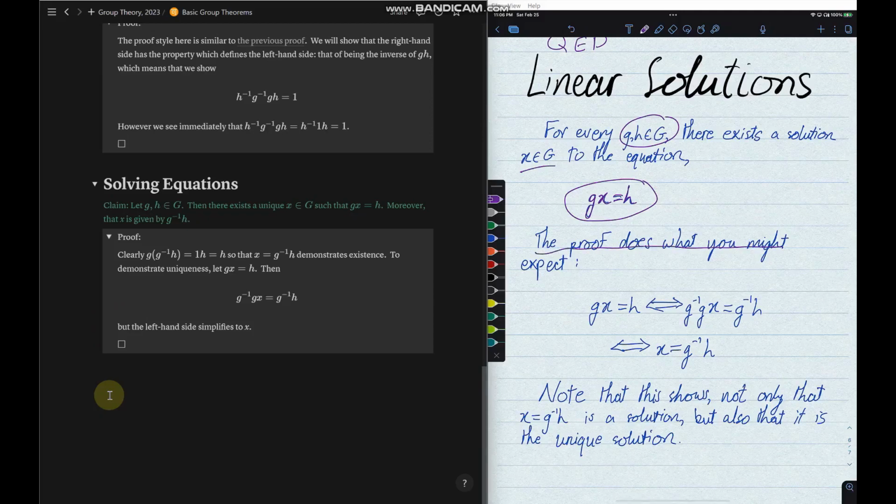Okay, the proof does what you might expect, which is to say that this equation is equivalent, right? It holds if and only if you multiply both sides on the left, let's say by g inverse, right? To get g away here, we multiply on the left by g inverse, and we get that these two cancel. And then you see the solution for x, right?